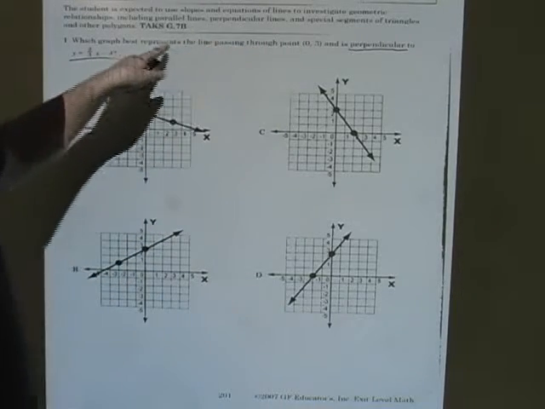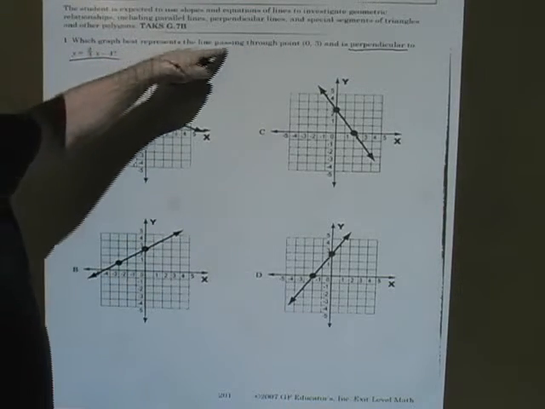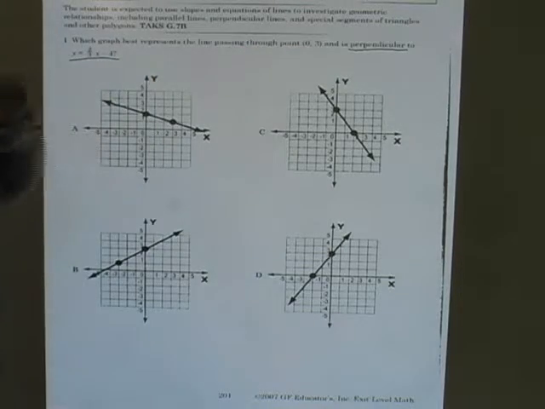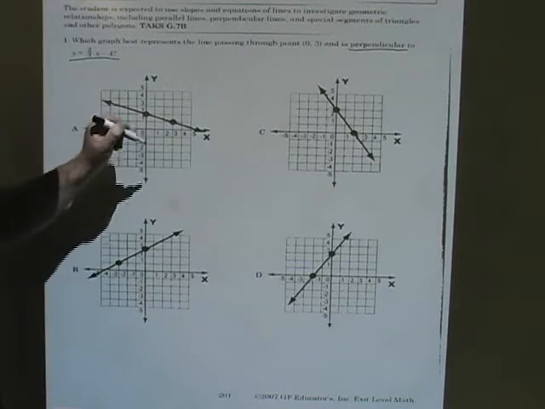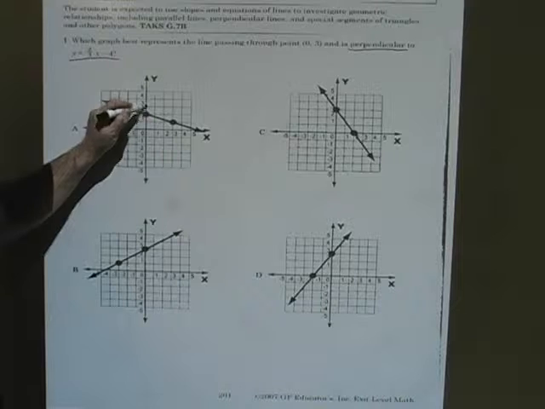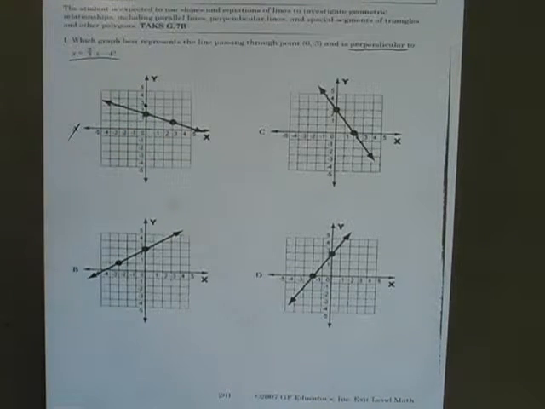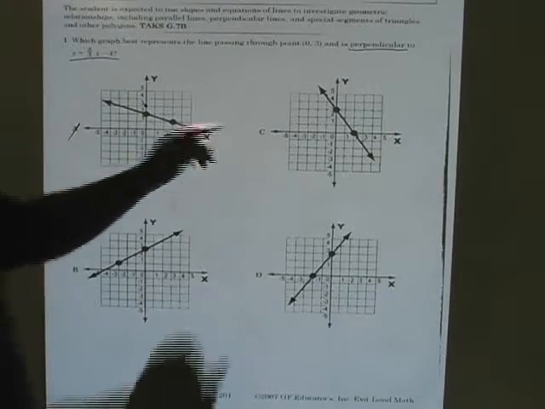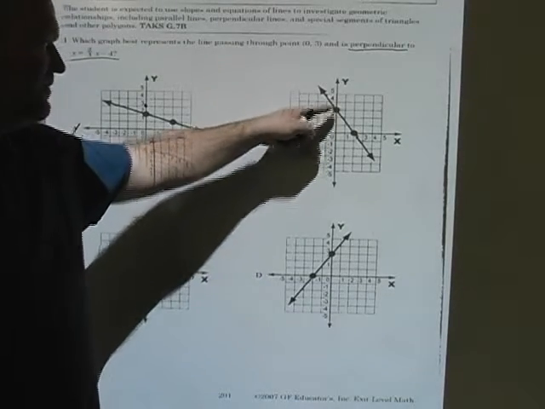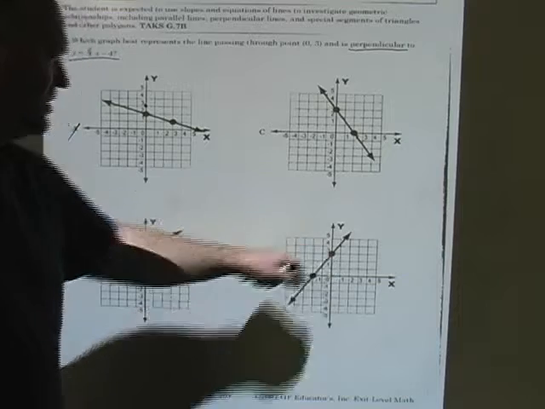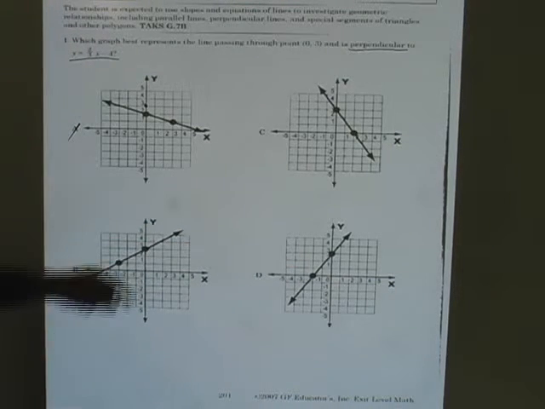Because they're telling us that the line passes through point (0, 3). So whatever we choose down here has to pass through point (0, 3). This one doesn't, so I can rule that out. That one does. That one does. And that one does.